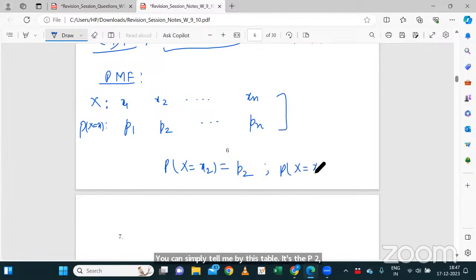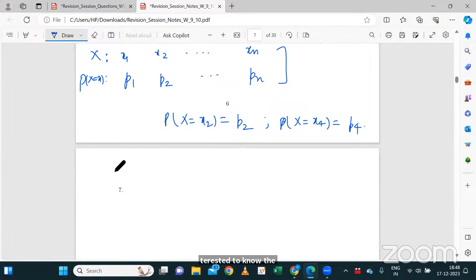I ask probability X equal to x4, you can simply tell me P4. So whenever I'm interested to know the probability of a single point, when X will take a value, let's say x2, x3, I can use the PMF.